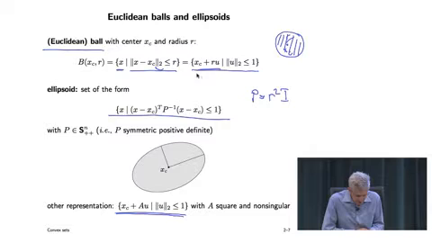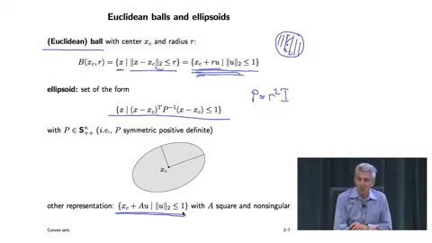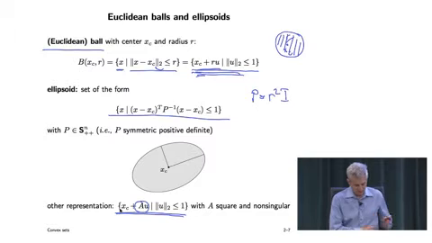The generalization of this representation for a ball is this one. It says it's the set of xc plus Au, where norm u is less than 1. So you could even say something like this. It's the set of all things of the form xc plus a matrix A times u, where u is in the unit ball, right? So it's a linear transformation of the unit ball plus an offset, which is the center. Okay, so that is a representation.